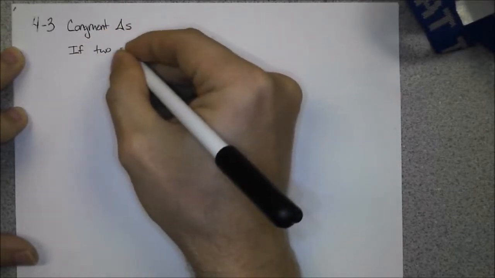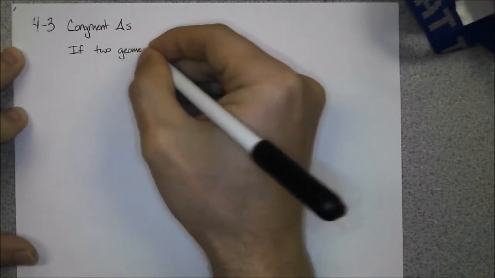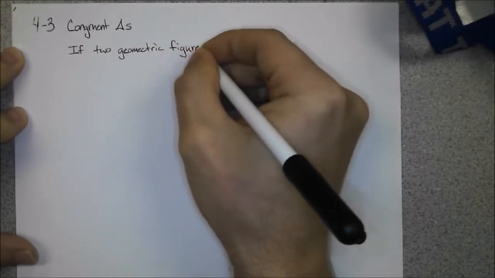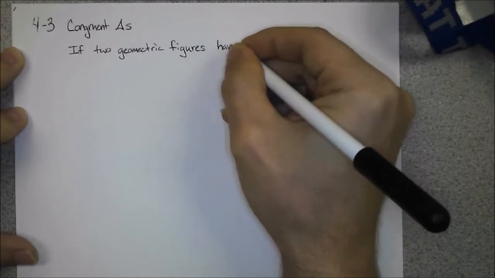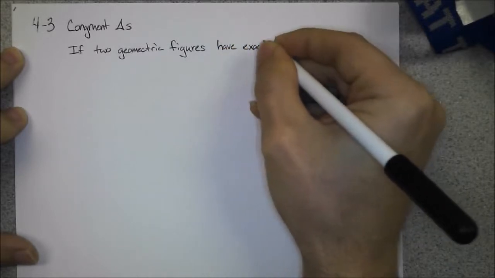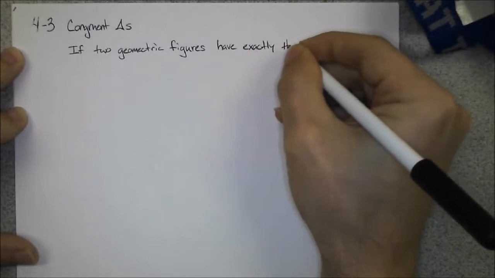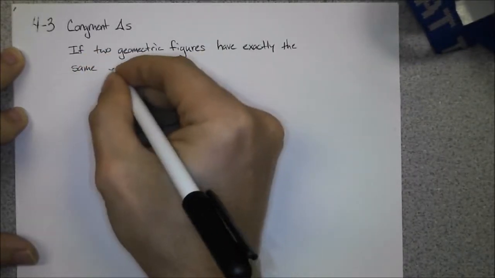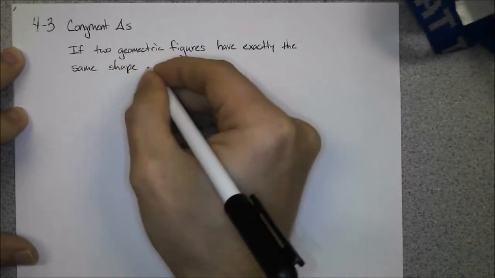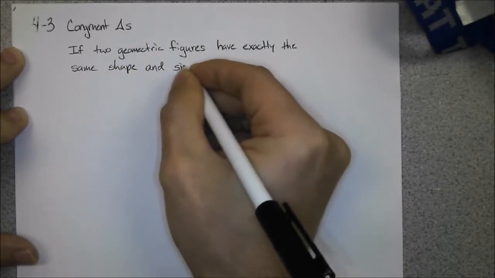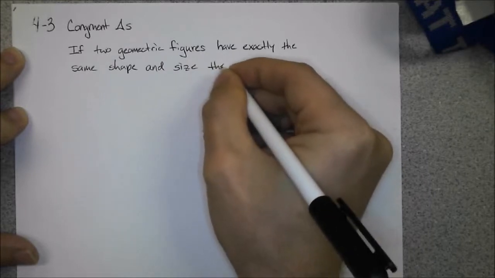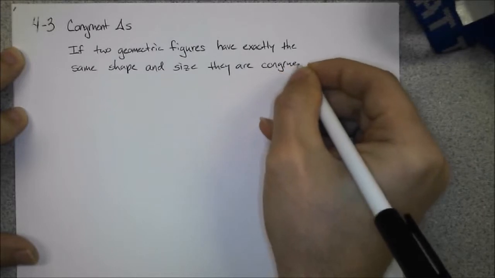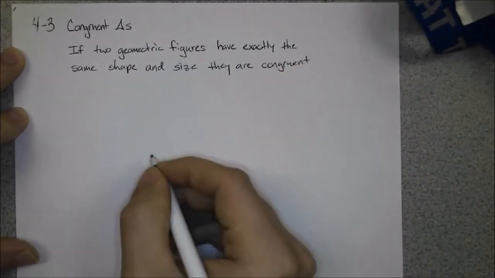If two geometric figures have exactly the same shape and size, they are congruent. So let's take a look at what that means.